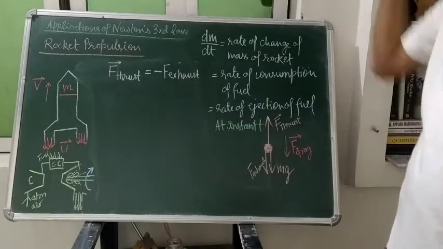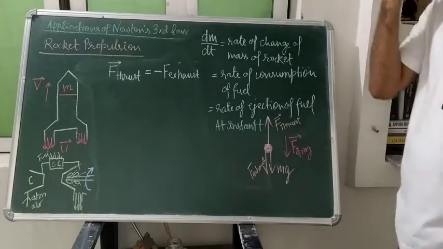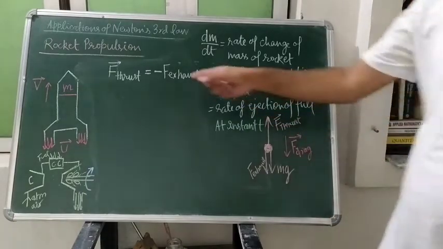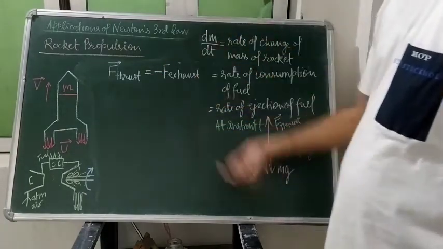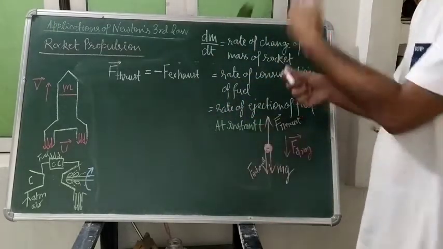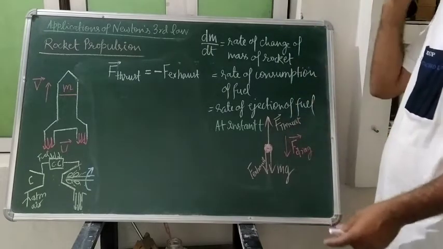Okay, so F thrust should be greater for the rocket to move up. The mass is varying, and the exhaust gases are going out, so our F thrust will become more in that case.